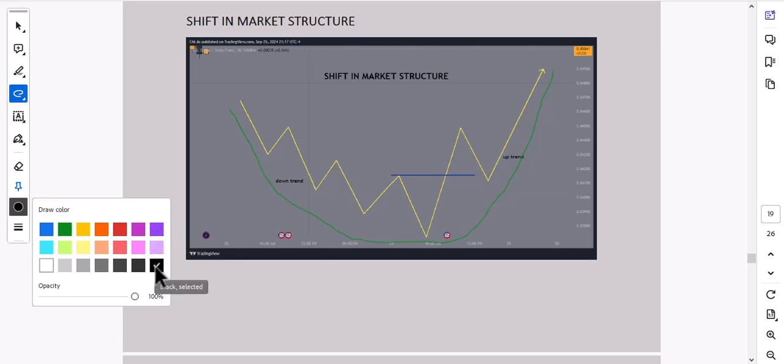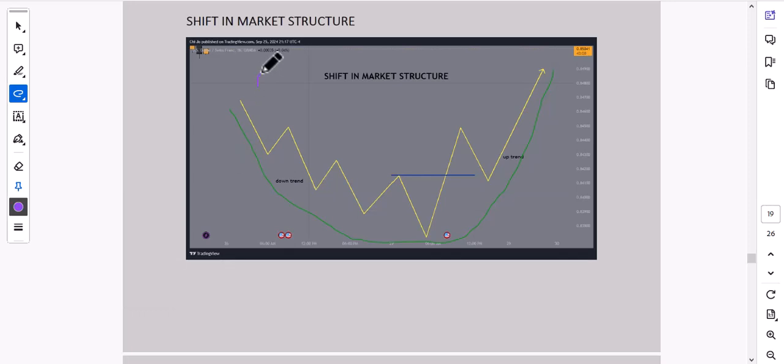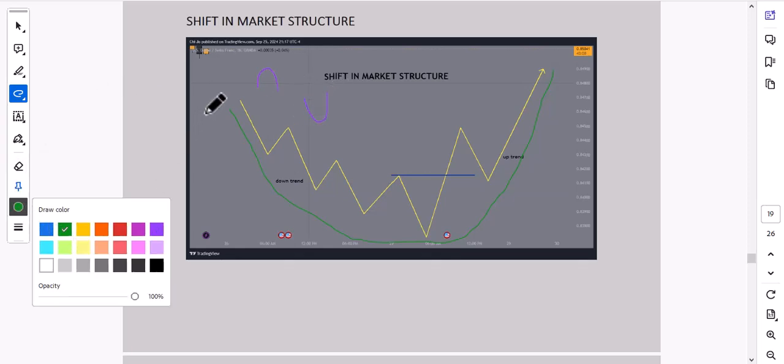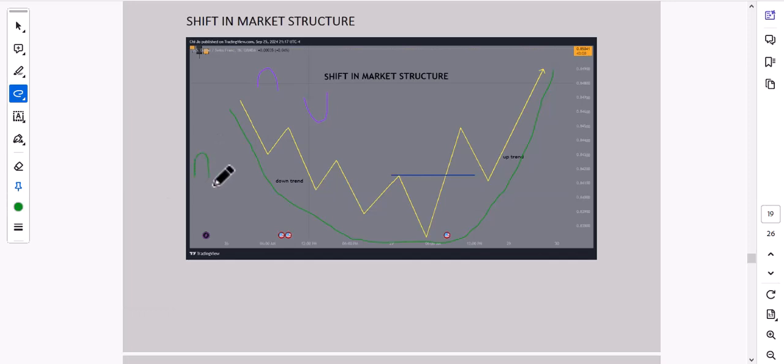I have what I call the N, and the U. Let me use green. So I have the N and the U. So this is a U, which indicates a complete market, or an N, which also indicates a complete market. Any of this indicates a complete market.